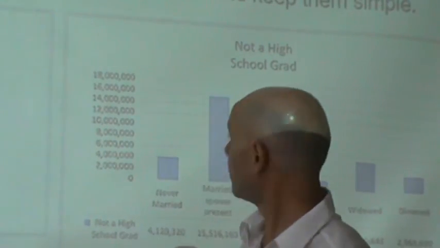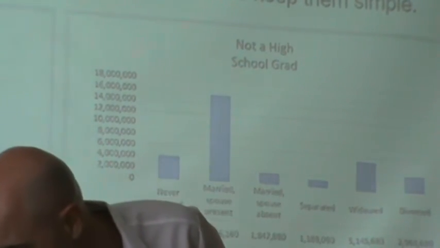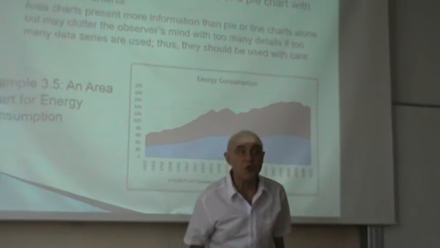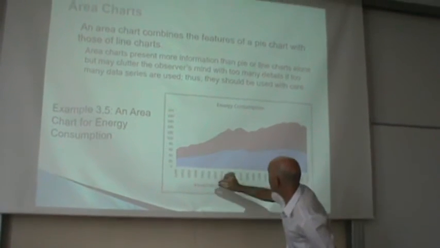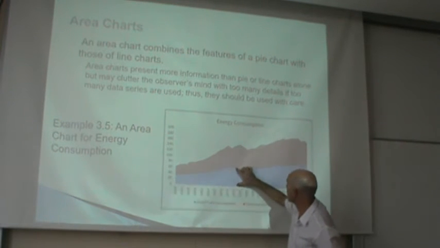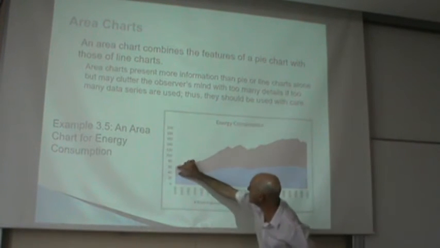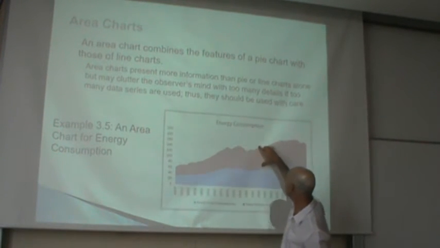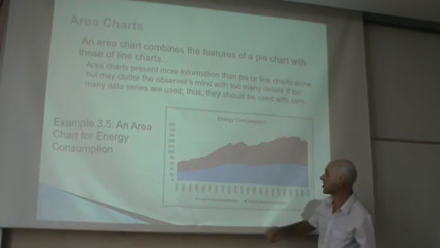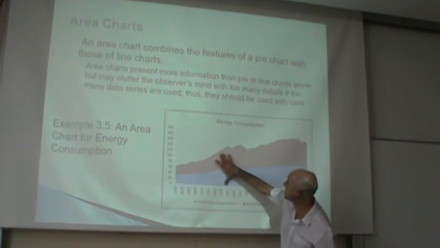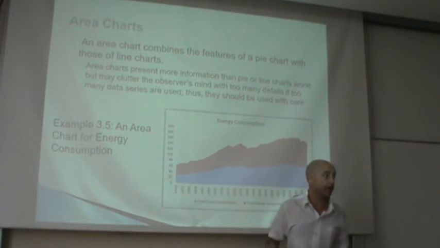So here you got the same 1, 2, 3, 4, 5, 6. Let's see what's coming next. You're going to have an area chart. Well, this thing here represents one area, and this thing here represents a separate area. You overlay one area on top of another, and this represents the total for both of them.